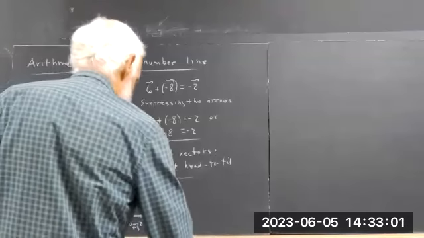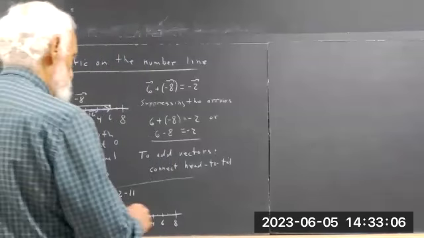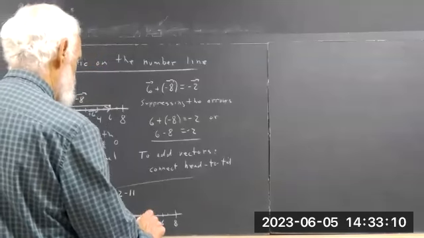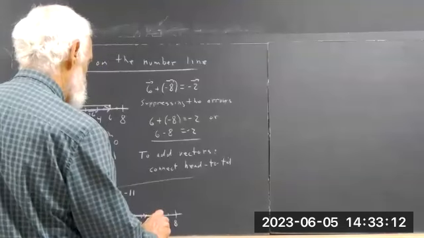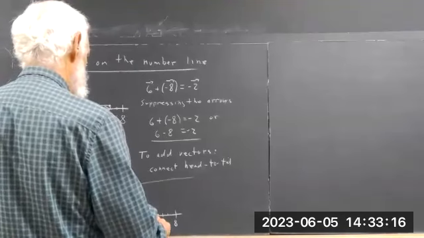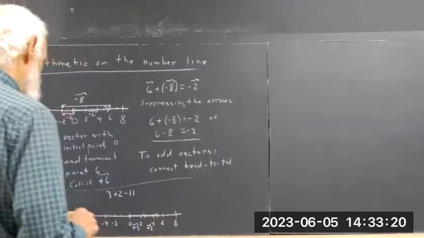And then +2. Yeah. Tail goes on the head of the previous vector, and we move over 2 units. There's our +2 vector.